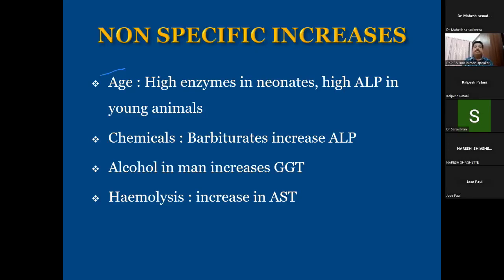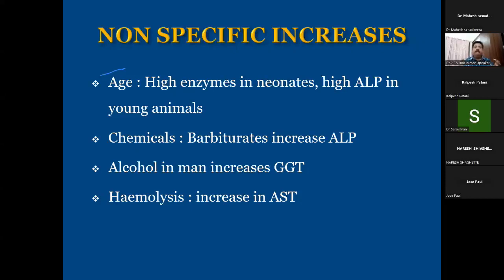Then certain chemicals can increase certain enzymes. Barbiturate injections, we were using thiopentone sodium. We are using anticonvulsants such as phenobarbital, pentobarbital, secobarbital, etc. All these things can induce increased alkaline phosphatase level. Then alcohol itself in human beings can increase the GGT level.